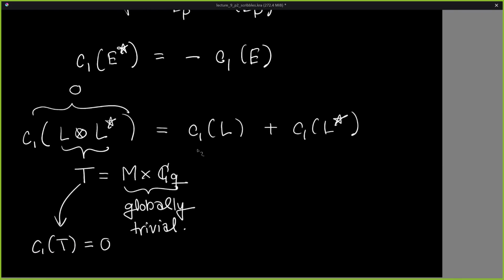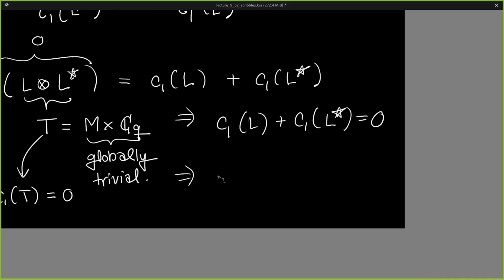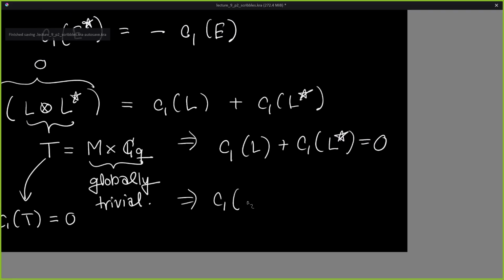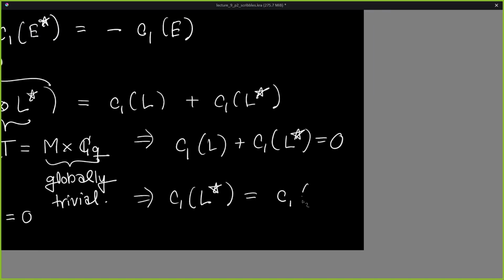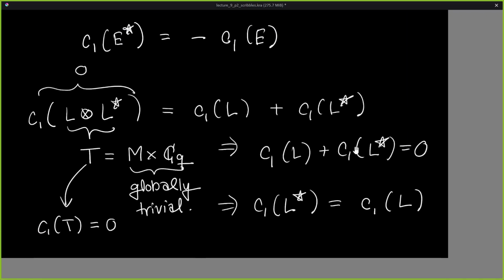So that implies that C1 of L plus C1 of L star is equal to 0, which implies that C1 of L star is equal to negative C1 of L.